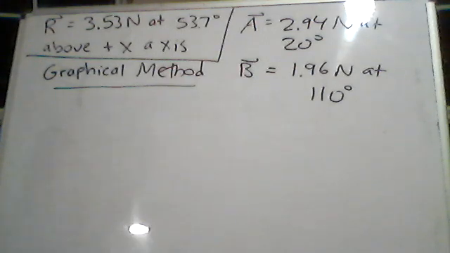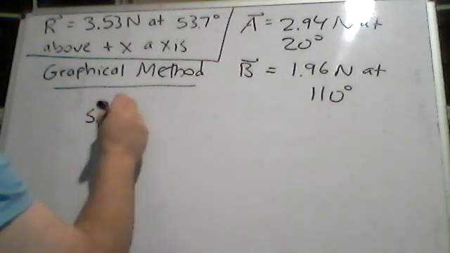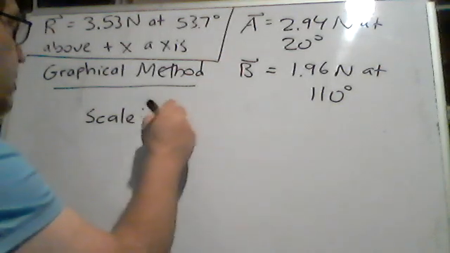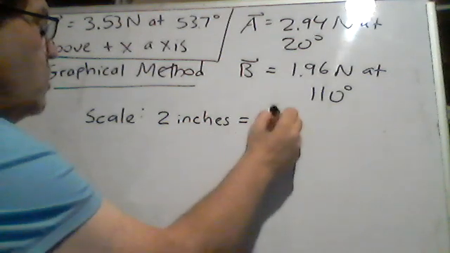So you might say, well, I don't know. Let's see, how about 2 inches per 1 newton? I'm just going to pick a scale that I think has worked from experience, and I would say that 2 inches is equal to 1 newton.